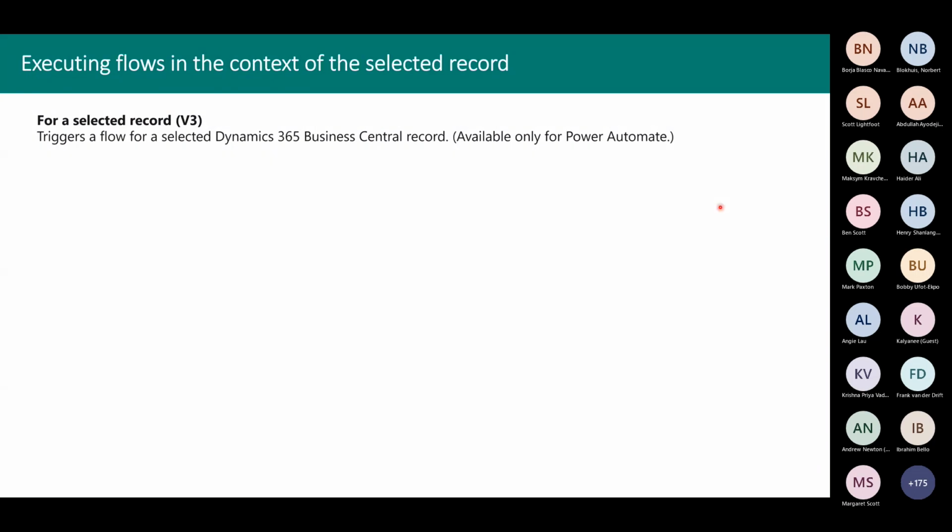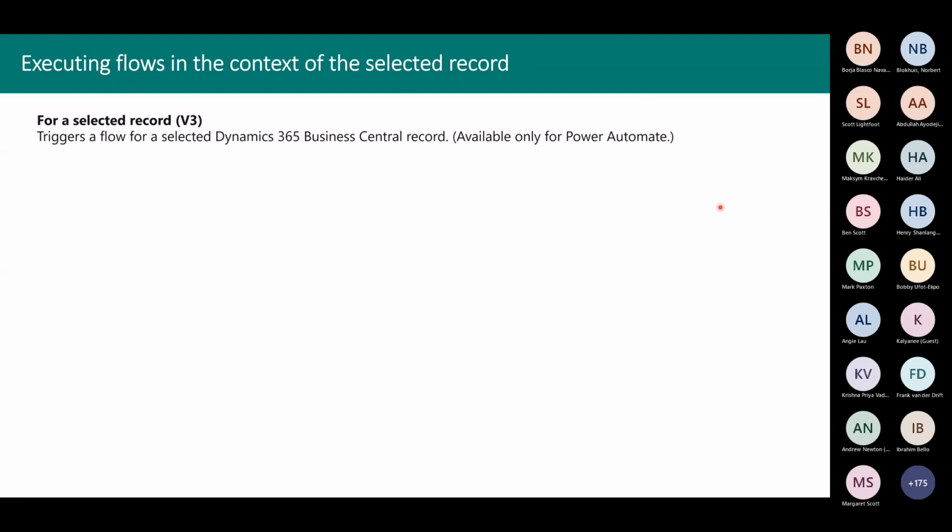A new addition in Business Central. So now we start seeing the new additions. The new addition in Business Central related to Power Automate is the possibility to execute flows in the context of a selected record.